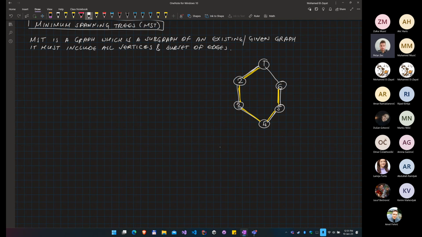So for a given graph, we know what a minimum spanning tree is when we look at it, right? So how can we satisfy the condition of a minimum spanning tree?